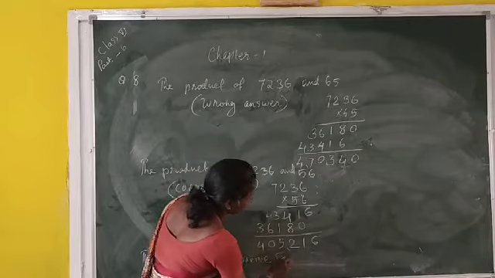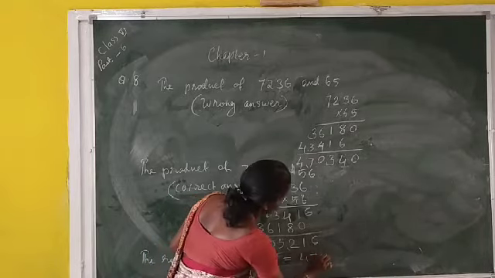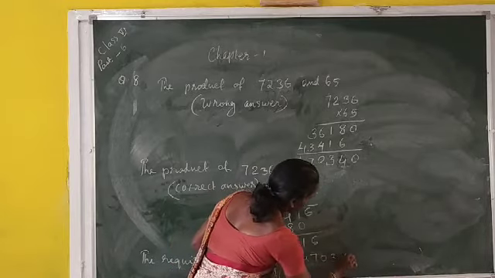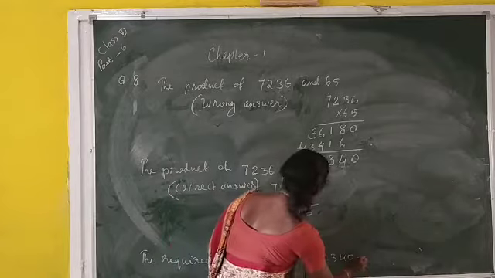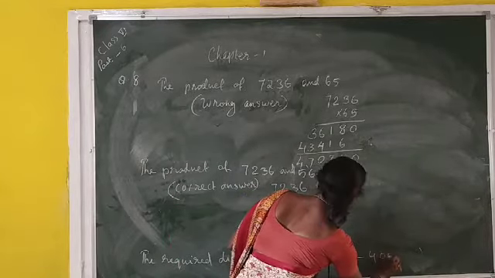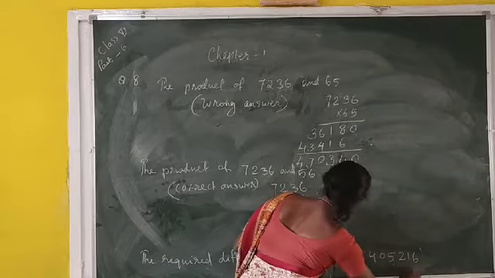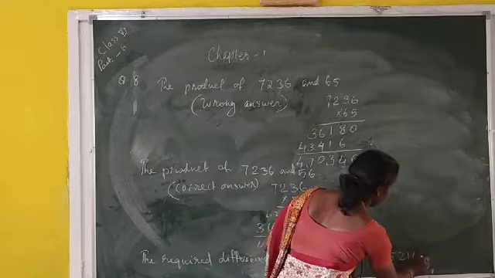Right. This 4,70,340 is the biggest number, so subtract this number 4,05,260. Is it equal to which number?